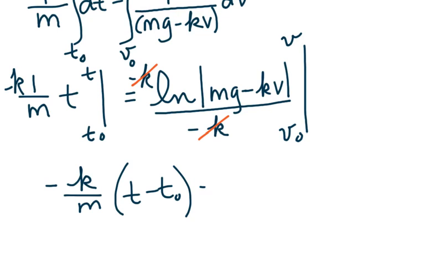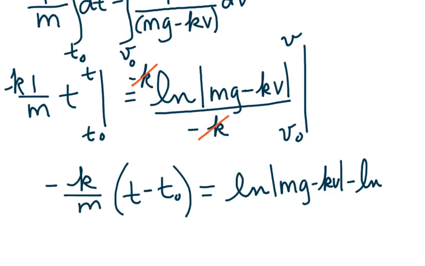Of course, that's on the left side of the equation. And then on the right side, I'm going to have a natural log of mg minus kv minus the natural log of mg minus kv sub naught.